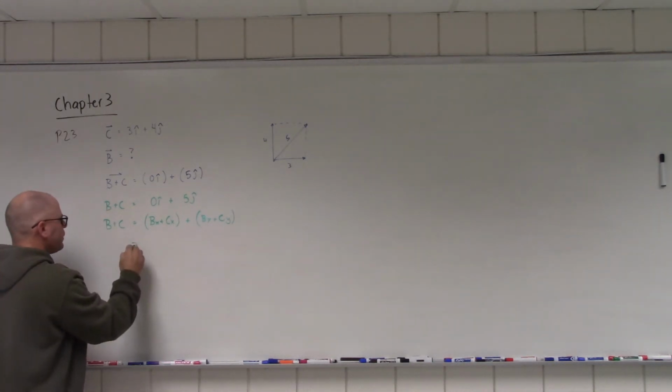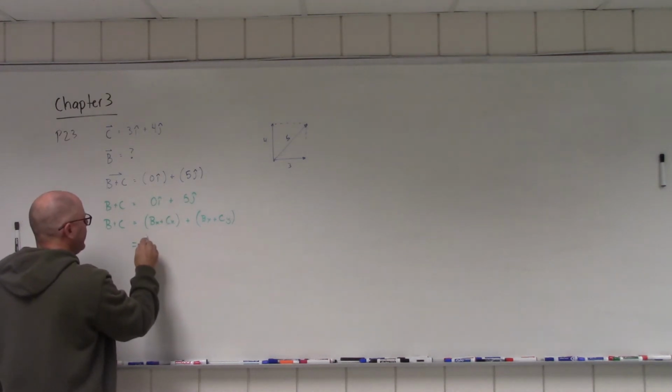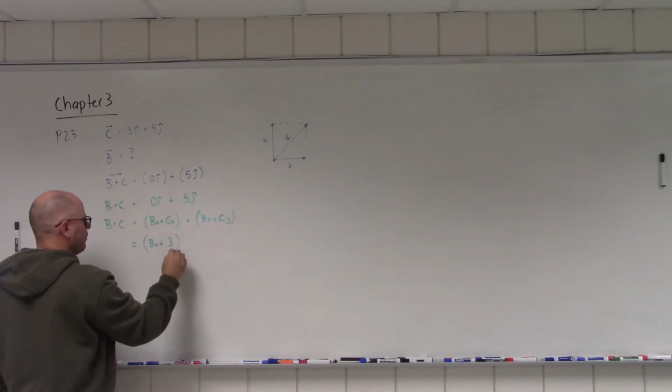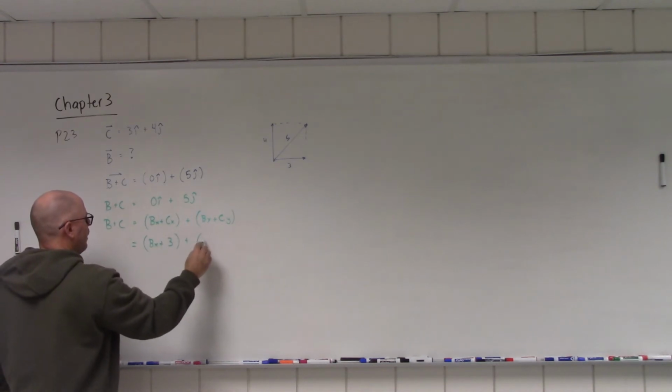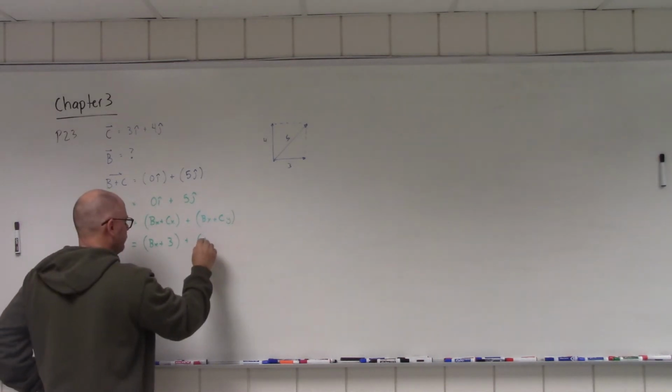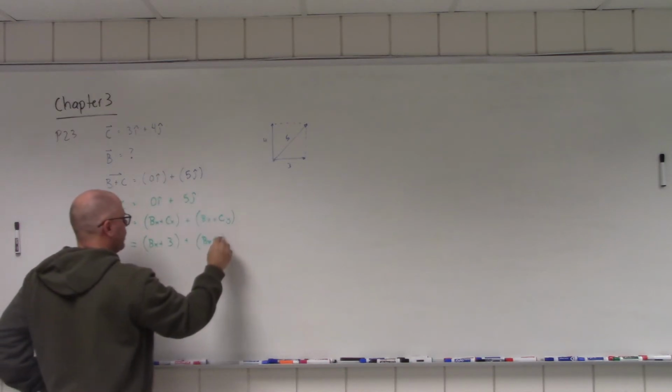So when I know these, right, I don't know my b in the x direction, but I know my c in the x direction was 3. I don't know my b in the y direction, but I know my c in the y direction was 4.